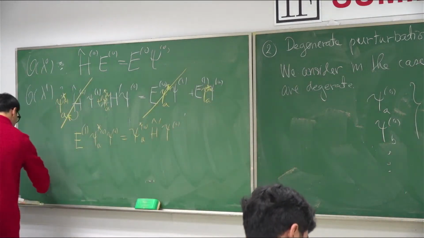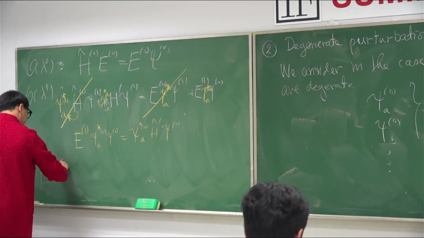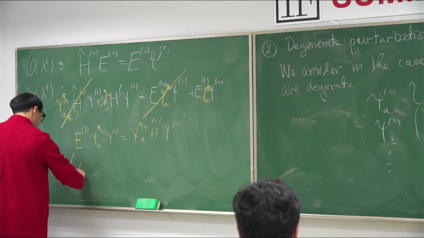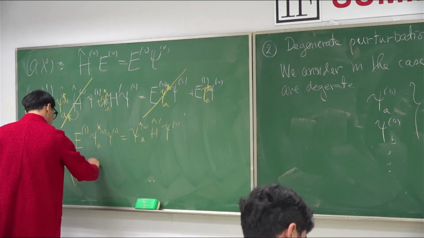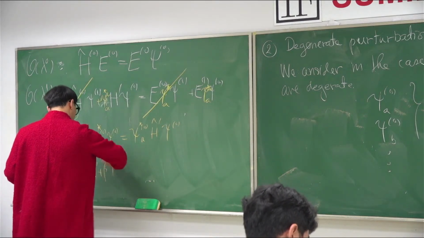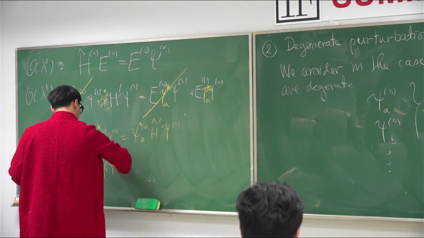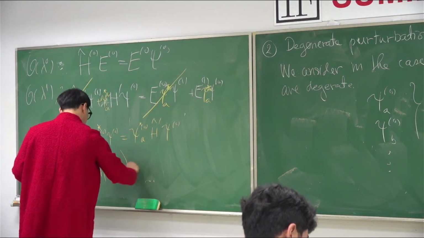So we have alpha, A, beta, oh no, not star here. Sorry. B. All right.